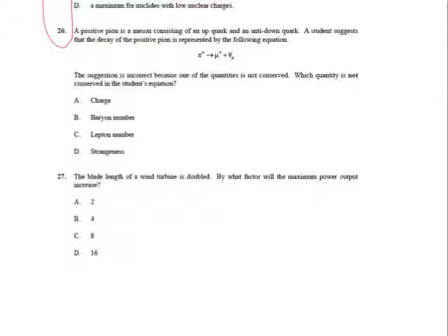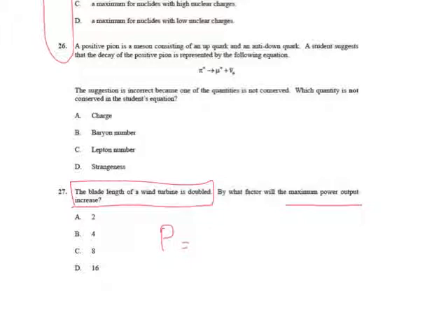Okay, so here we have a blade length of a wind turbine that is doubled. By what factor will the maximum power output increase? So if you have a look at the relationship, power equals a half times the area times the density times the velocity cubed.